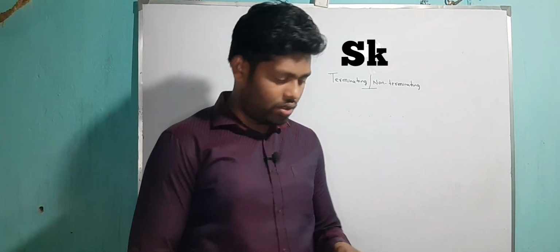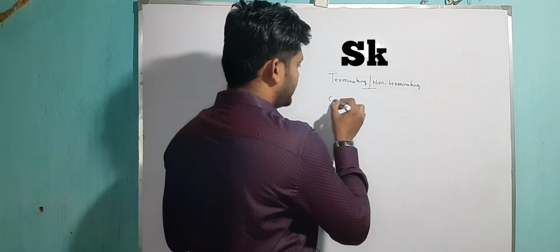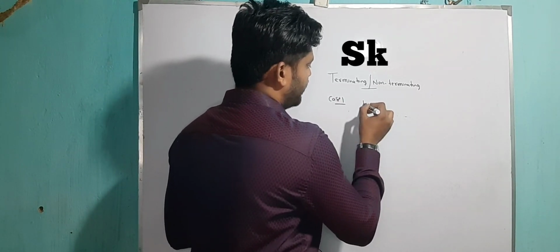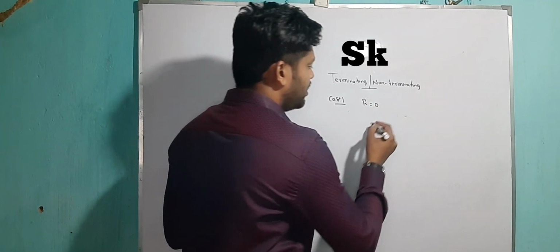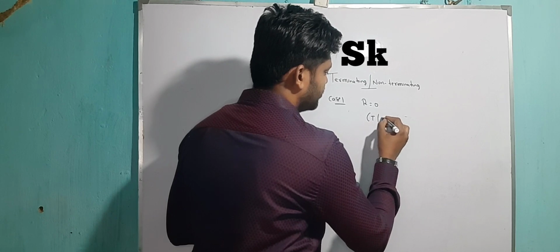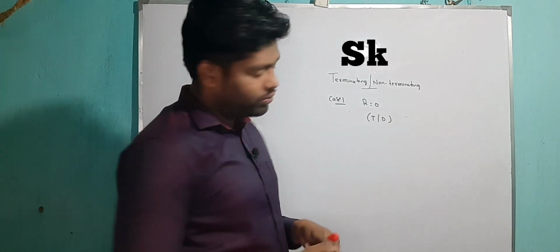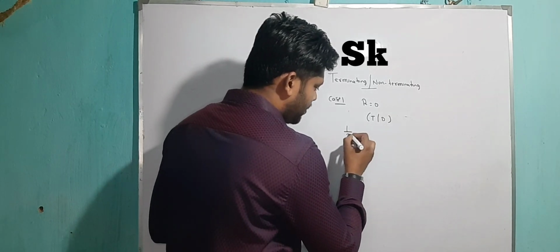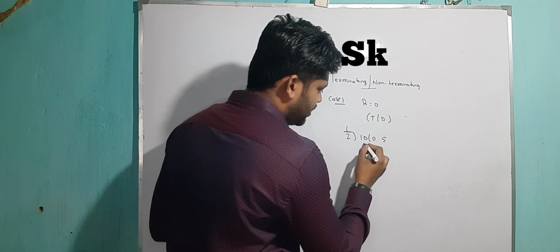Now, terminating means what? For example, case number 1: when r equals 0, where r means remainder, then we say it is a terminating decimal. For example, 1 by 2. What will you do? 1, 0, 10, 5 twos are 10.